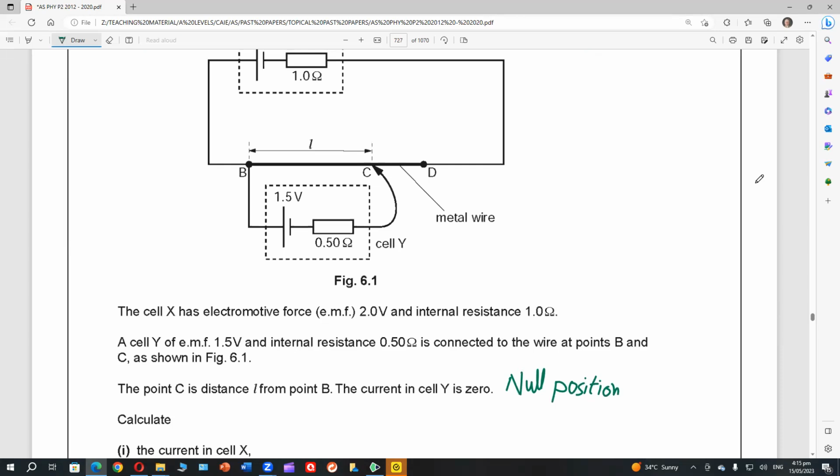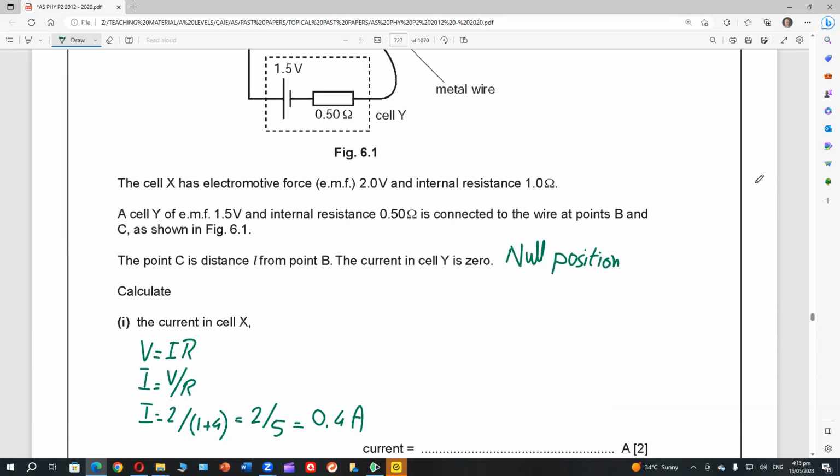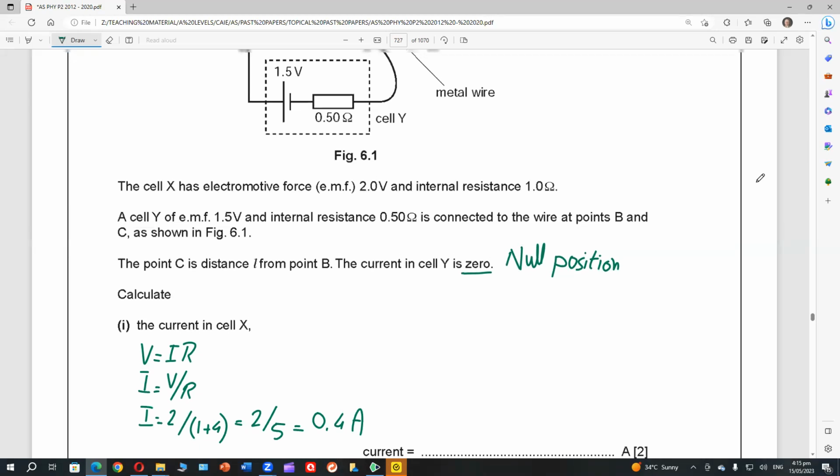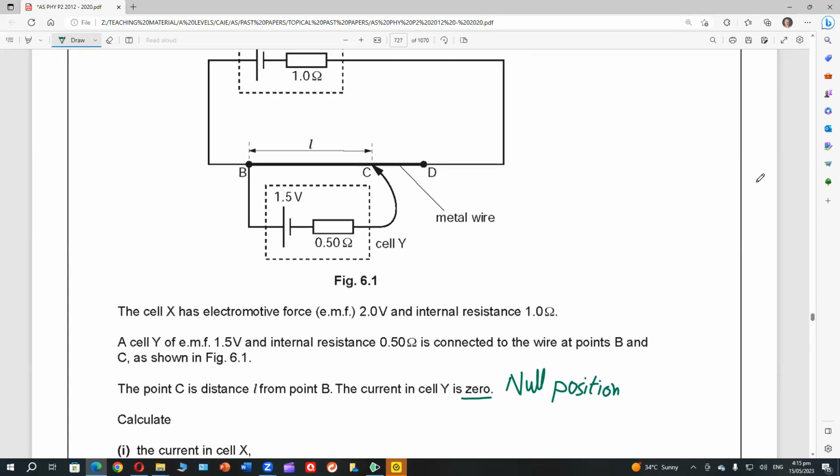No, remember that the cell is at null position. Cell is at 0 position. The current in cell Y is 0. So this is the voltage of the cell and he's asking the voltage across this. So what voltage should I put here to get the overall voltage 0? 1.5. Yes, this is the tricky part of the question.